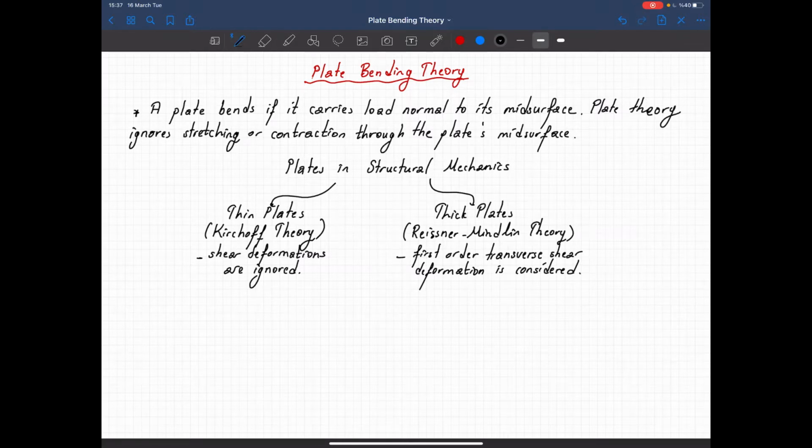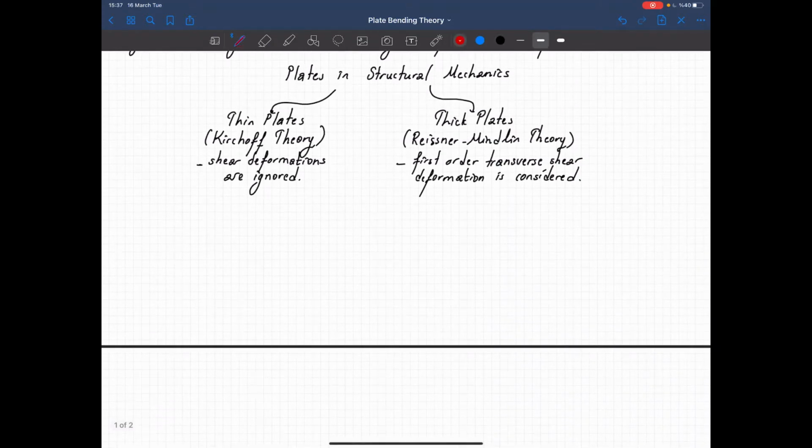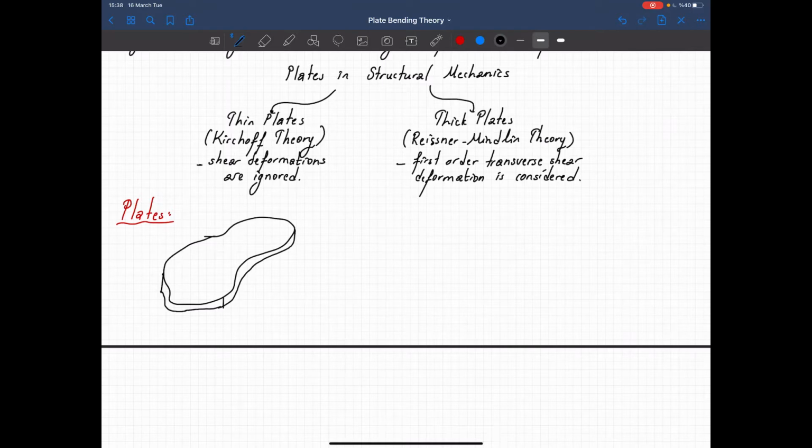Okay. Now let's see how we define a plate. So I'll say plates. Let's say that we have a member like this. It has a certain thickness, and this is the depth of the plate.